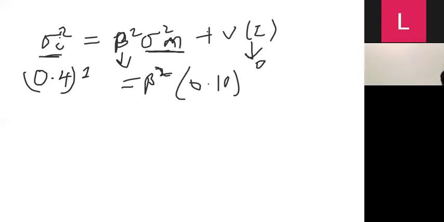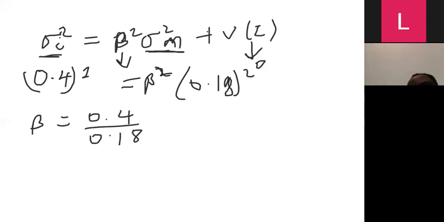That means beta is equal to 0.4 over 0.18, which is 2.22. So our beta is equal to 2.222, recurring.